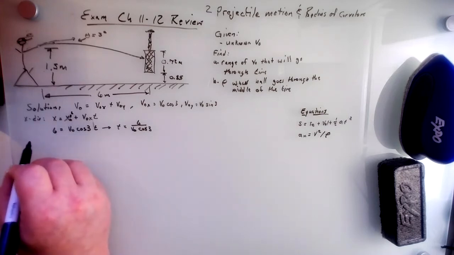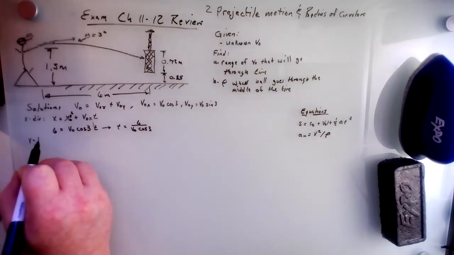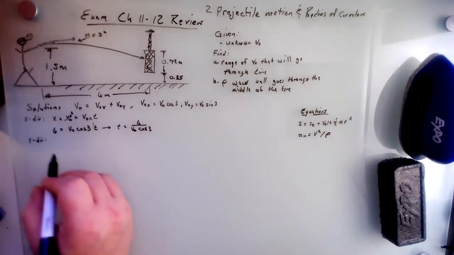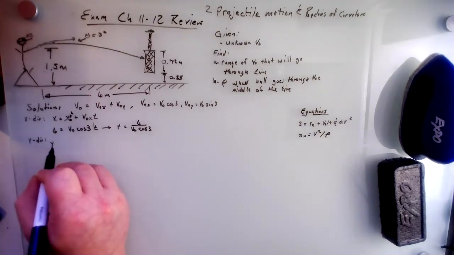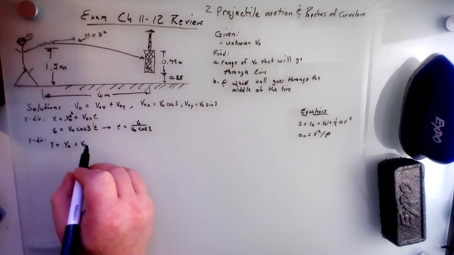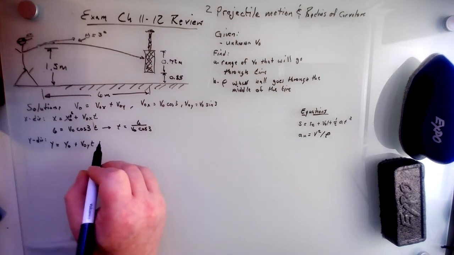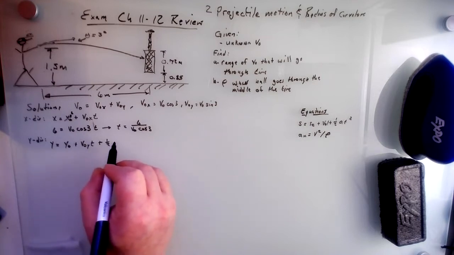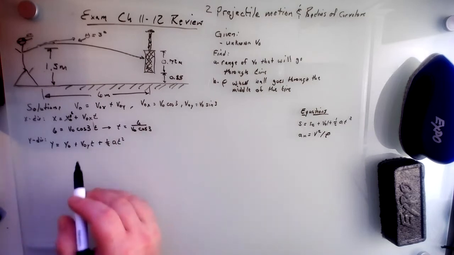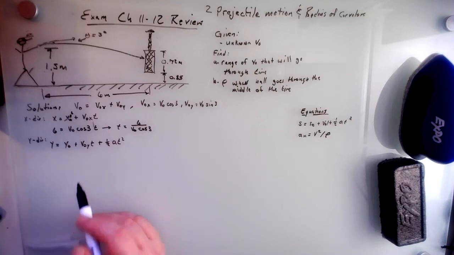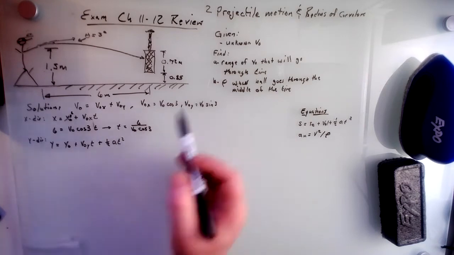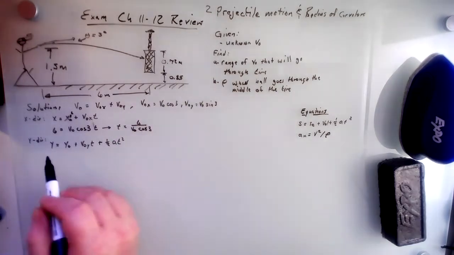Let's find out. In the y direction, same thing. We start with this governing equation: y equals y naught plus v naught y t this time plus 1/2 a t squared. Now we can substitute a bunch of stuff in, and hopefully all that we'll be solving for is v naught. So y is the final y, and we're looking at a range, so we'll leave that alone for now.